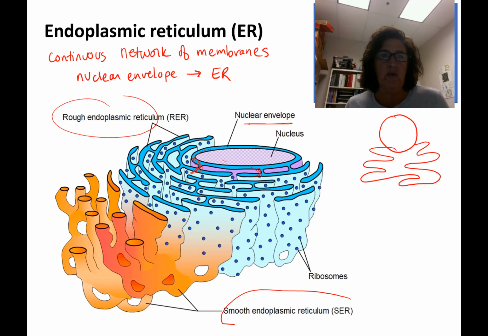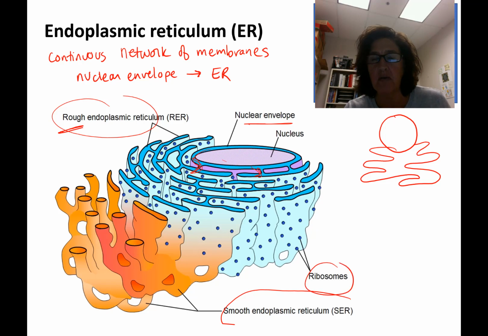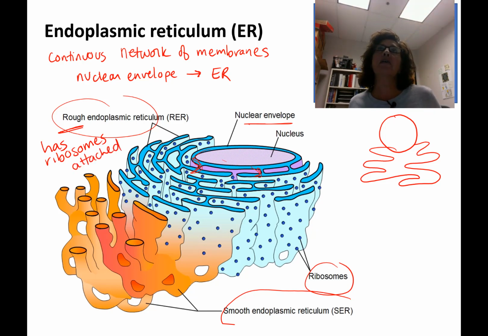We have a rough and a smooth. So the rough ER is rough because it has all these little dots on it, which are ribosomes. So it has ribosomes attached. So hopefully you go, ding, ding, ding, ribosomes, site of protein synthesis. Rough ER must also be a site of protein synthesis.